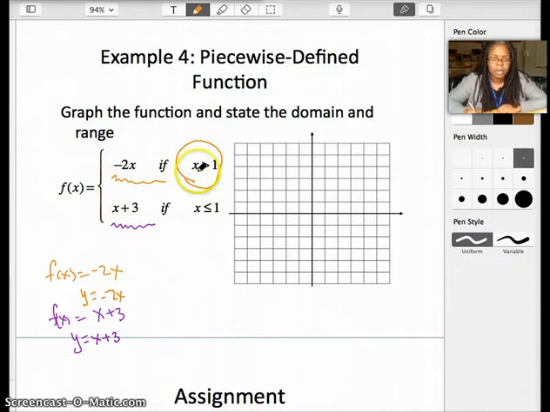So this part, where we're graphing y equals negative 2x, is only to be done as long as x is greater than 1. Not when x is equal to 1, but when x is greater than 1. And the purple portion is only supposed to be done when x is less than or equal to 1.